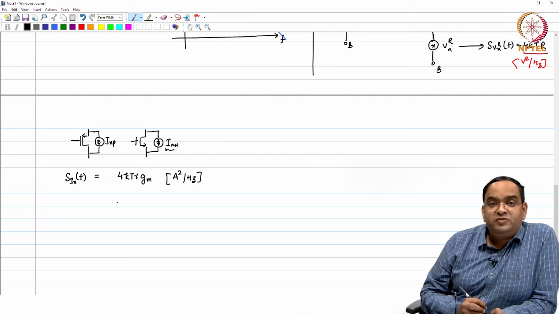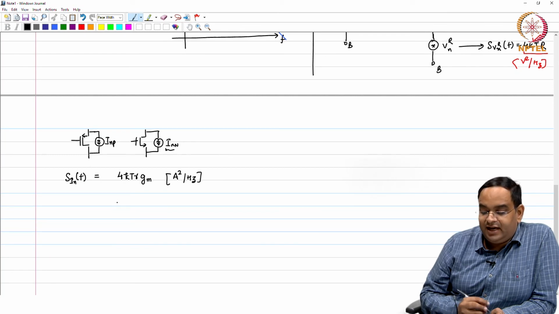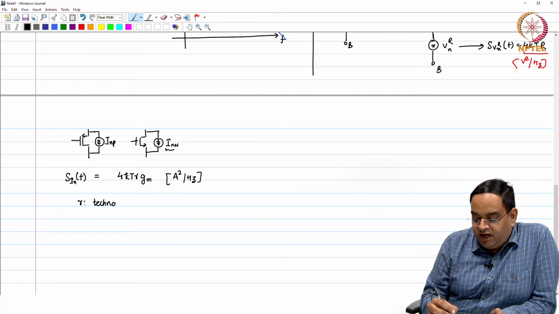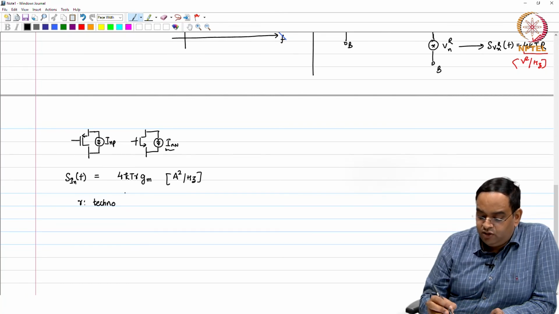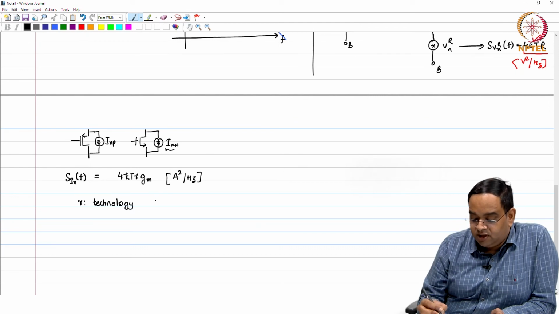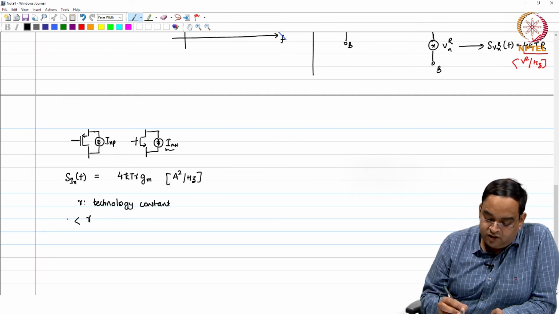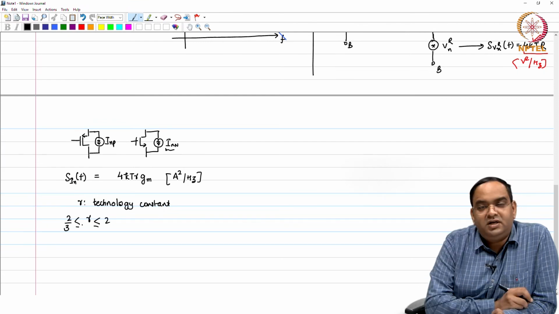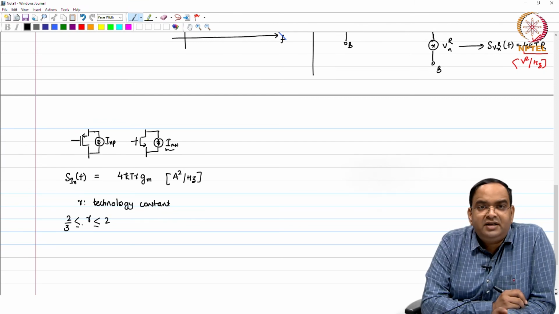K is the Boltzmann constant, T is temperature in Kelvin, and gamma is a technology constant, which can vary from 2/3 to 2 depending on the transistor length and other parameters. You will know it when you design in any specific technology.